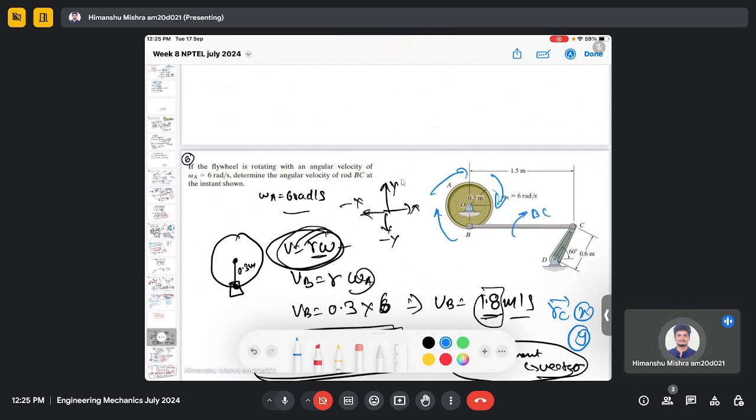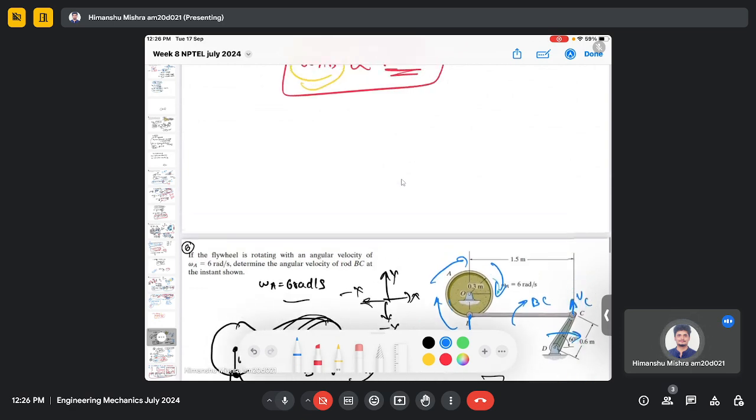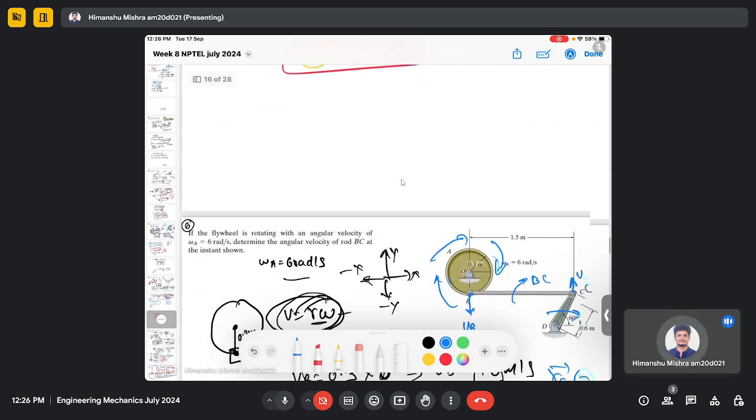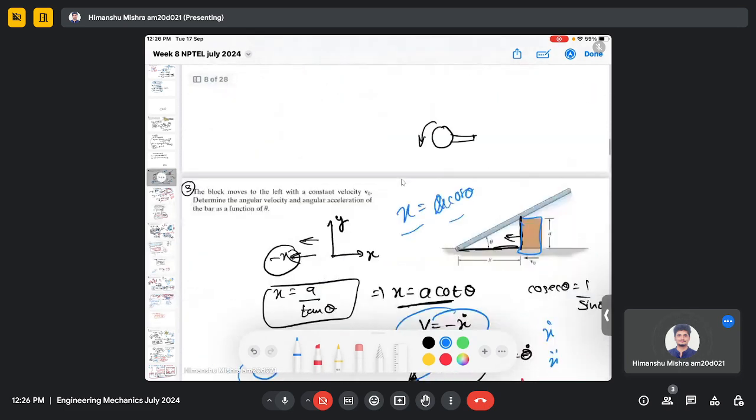So from this angular velocity we tried to calculate the translating velocity of point B. From this angular velocity we also try to calculate the translating velocity of point C, and this we have done from the past 5 questions since morning, because we are doing these things from the first question itself.